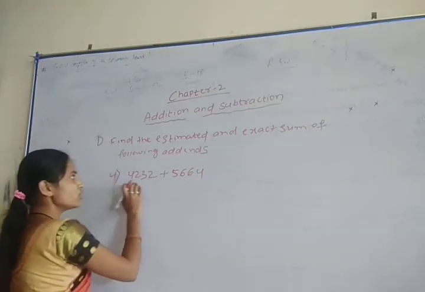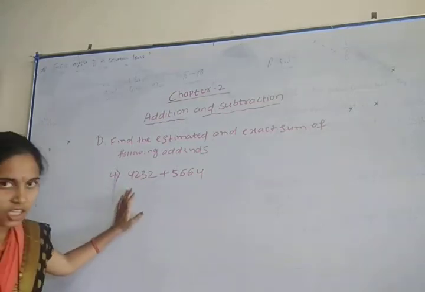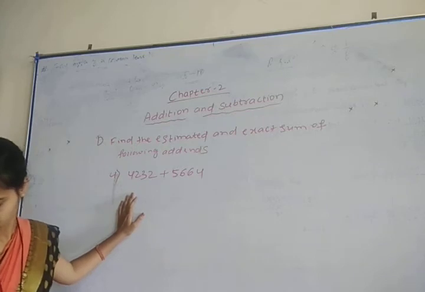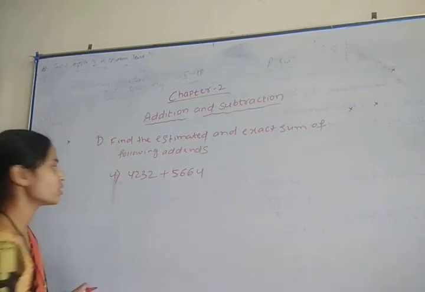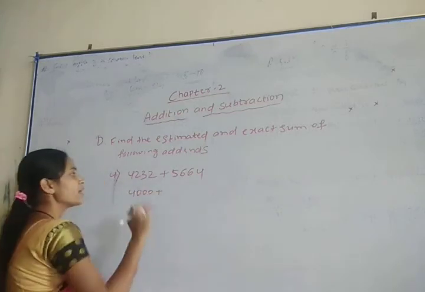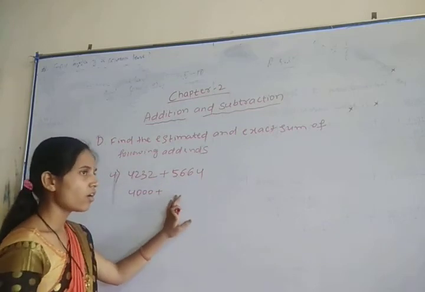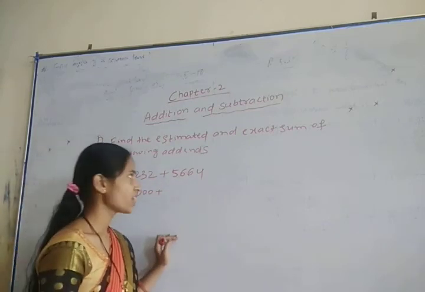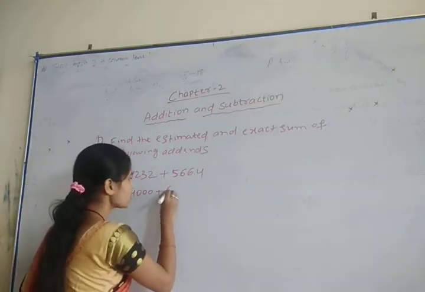Whether 4232 is nearer to 4000 or it is nearer to 5000. It is nearer to 4000. So write here 4000 and tell me whether 5664 is nearer to 5000 or it is nearer to 6000. It is nearer to 6000. So I will write 6000 here.